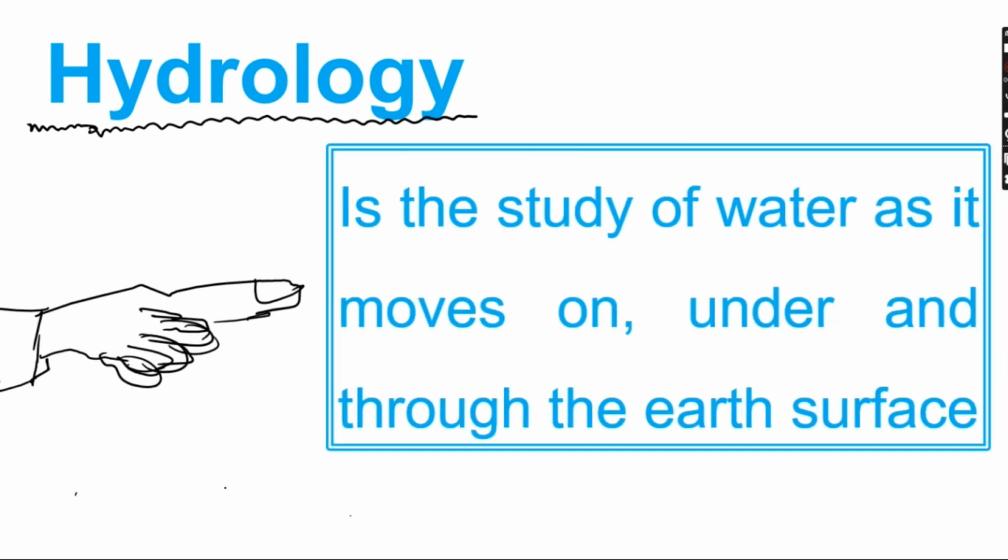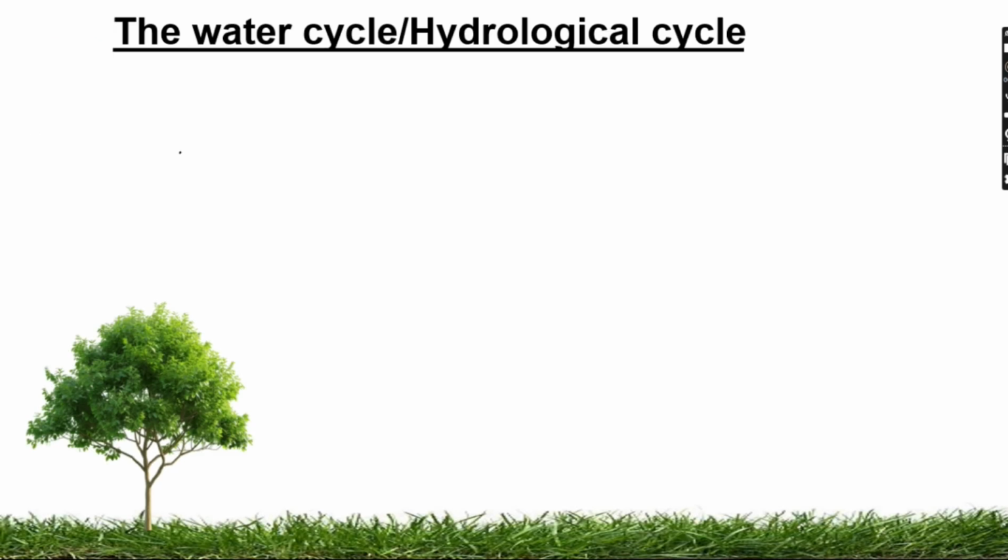So what is hydrology? Hydrology is basically the study of water as it moves. One, it's on the surface, so any water flowing on the surface, as we studied. Then we have water under the surface, and we also have water moving through the surface of the earth. This forms the study of hydrology.